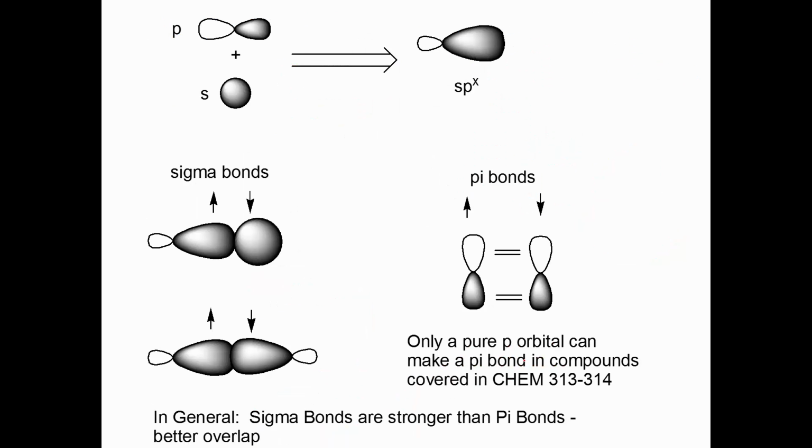Let's take a look at what an sp hybrid orbital looks like. It doesn't matter what this number x is. Sometimes x is 1, 2, or 3, and when it's 1, we typically don't say sp1, we just say sp. So imagine that we are taking a p orbital, which is shaded and unshaded, and pairing it with an s, which all has one phase.